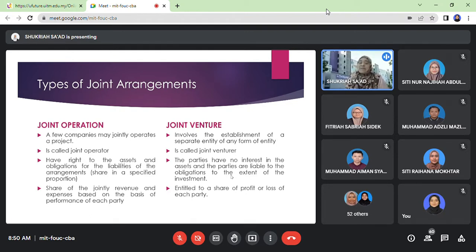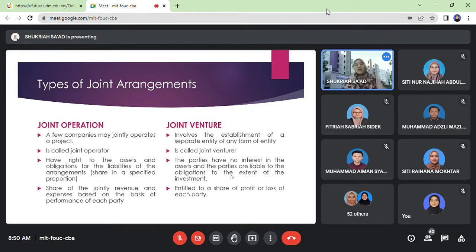Company A will identify what kind of asset will be contributed, or what the rights to the assets belonging to A and their partners are. The same goes for the obligations. So two different companies just have a mutual agreement to handle one project, but it's not like a joint venture.